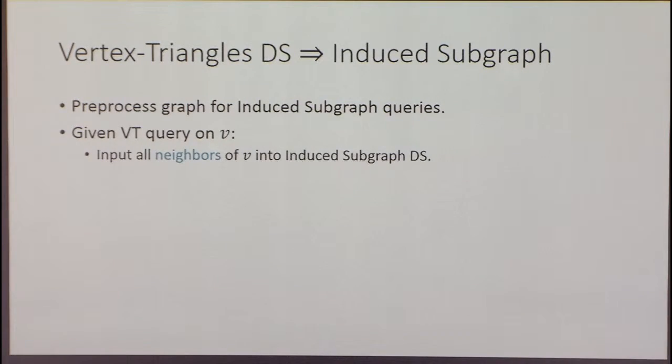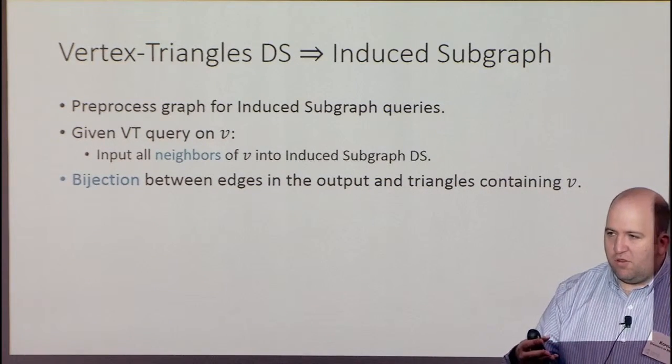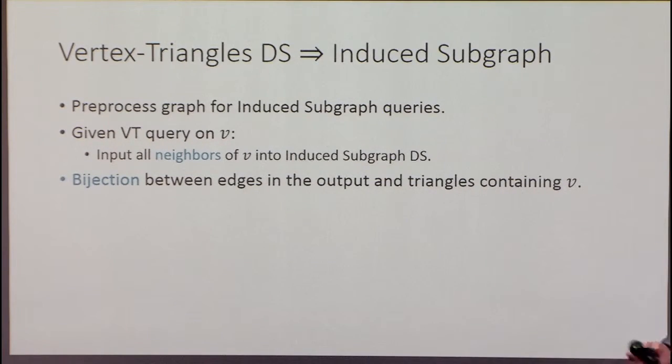When we want to answer a query on a vertex V, we just input all the neighbors of V into the induced subgraph data structure. There's a clear bijection between the edges in the output and triangles that contain V. If there's an edge between two of my neighbors, then that has to be a triangle. And this works backwards as well.